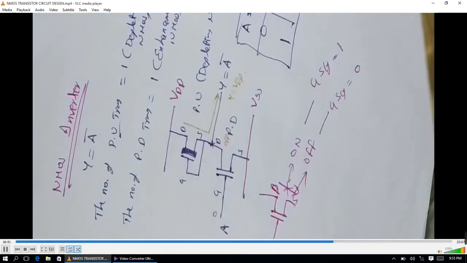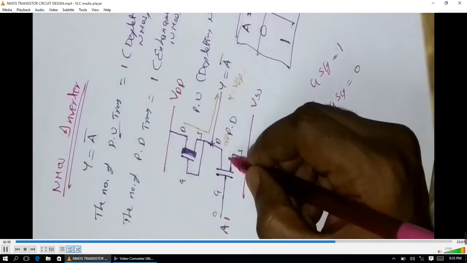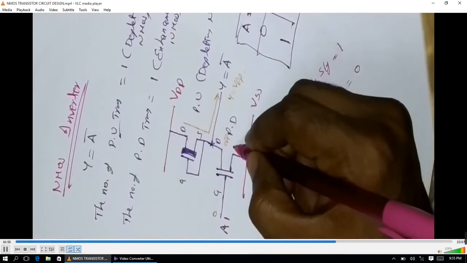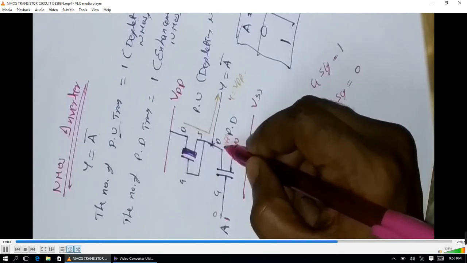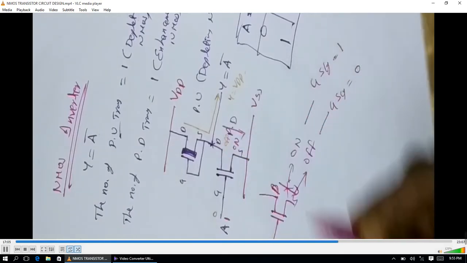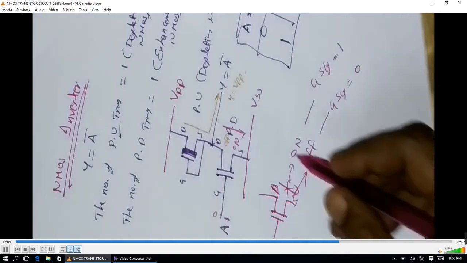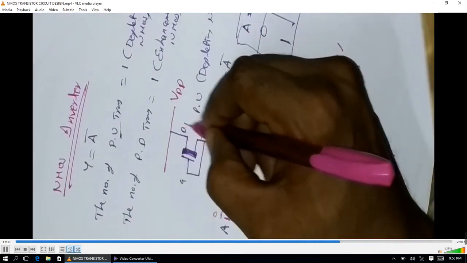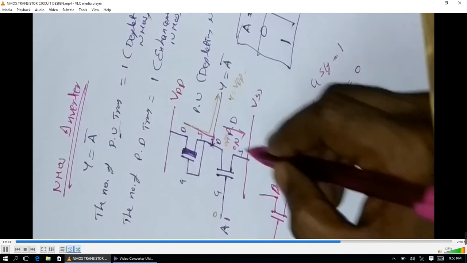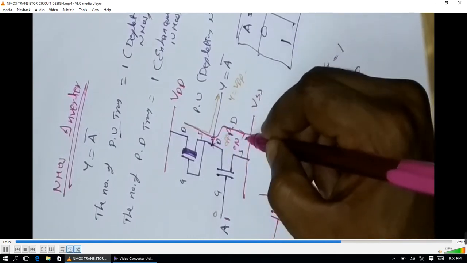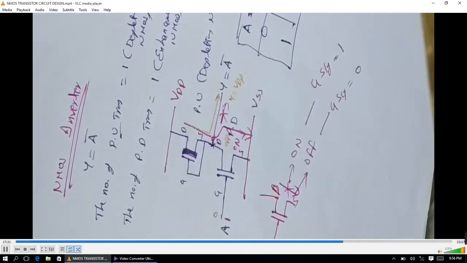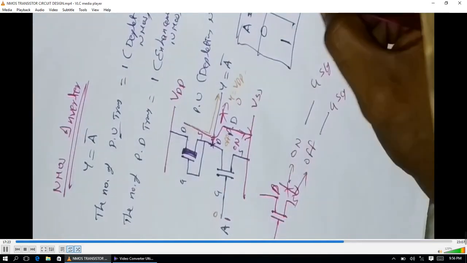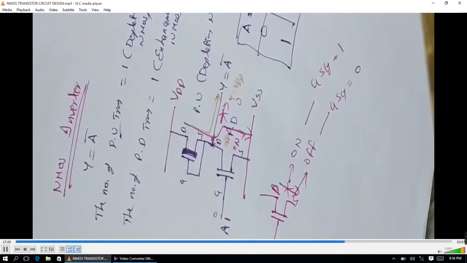Similarly, if the input is 1, the pull-down transistor should be in the on state. Then a path exists between drain and source, and the VDD is forwarded to VSS, so there is no current path towards the output, and the output is 0. That is the operation of an inverter.